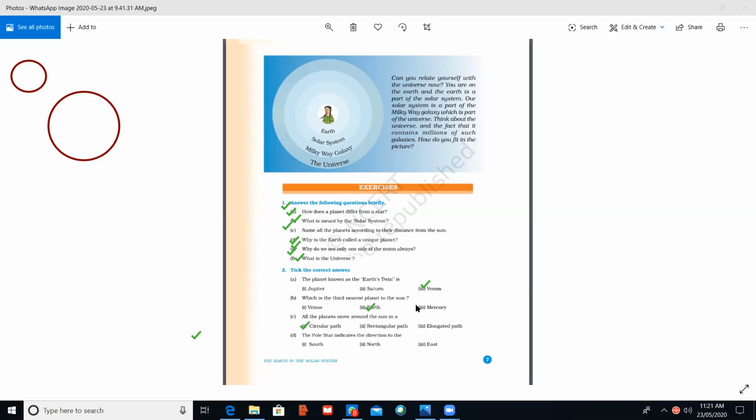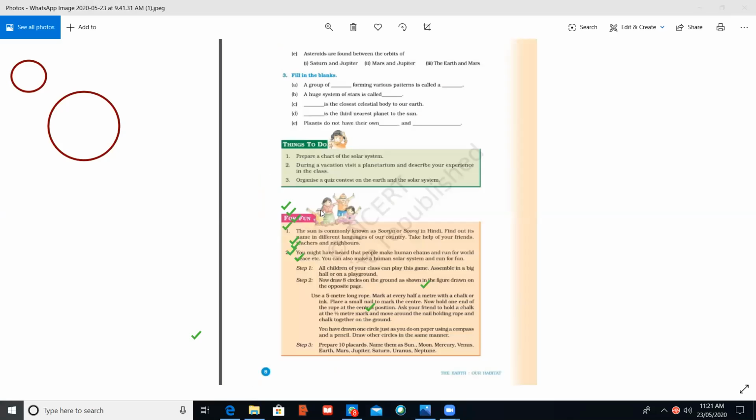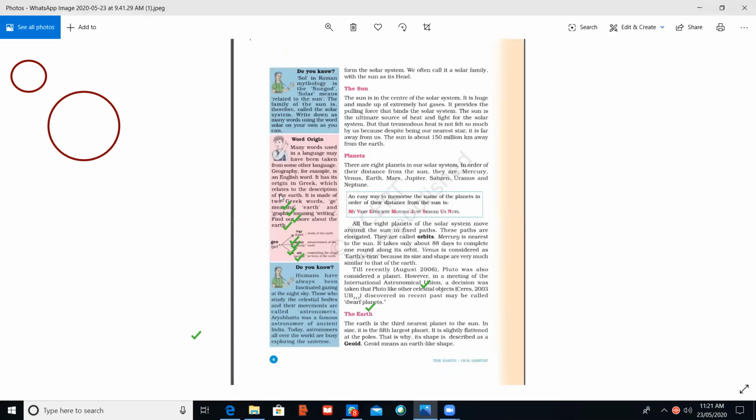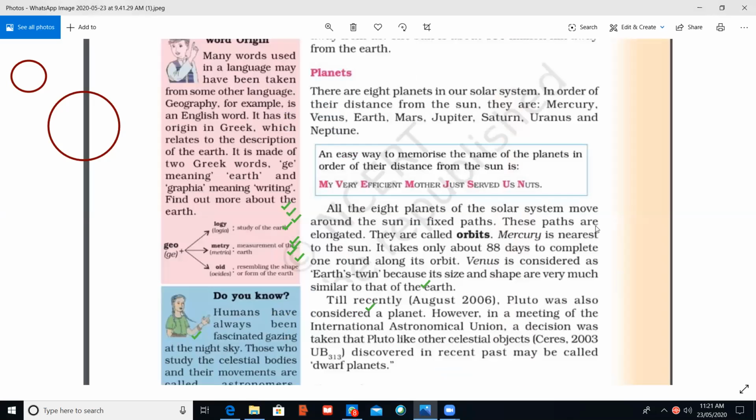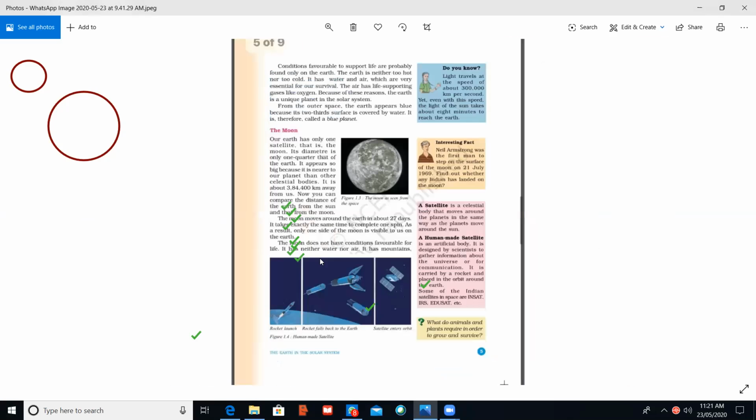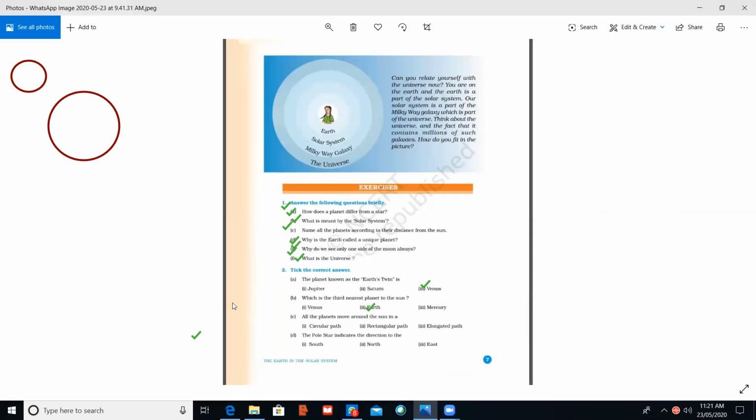Actually, it should be an elongated path. Yes, these fixed paths are elongated.